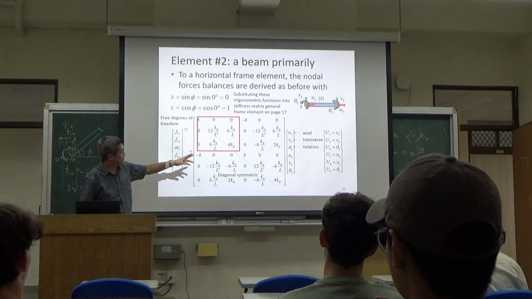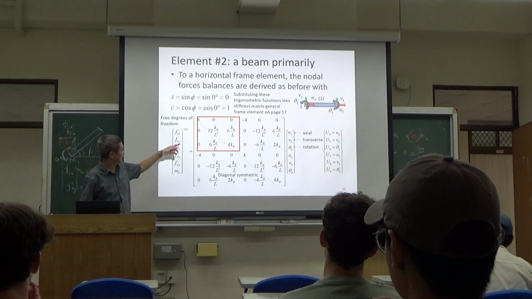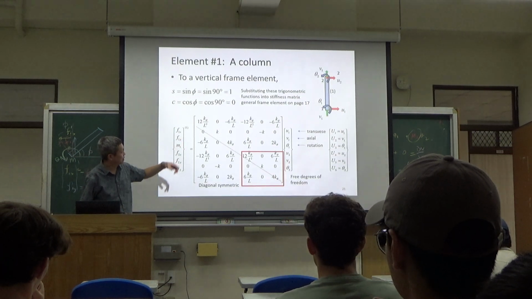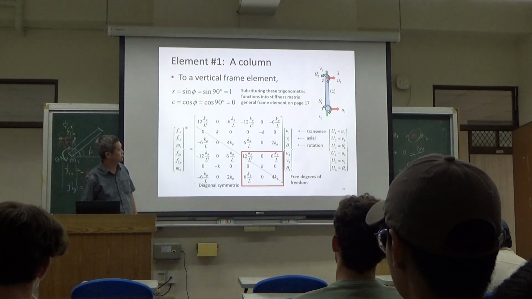Because one end is fixed and the other end is free, you only take care of the free end on node 2. And for the vertical column, you only care about node 2 as well.